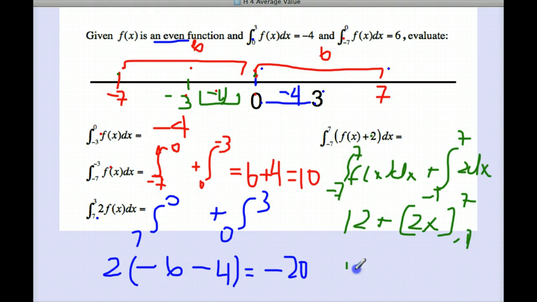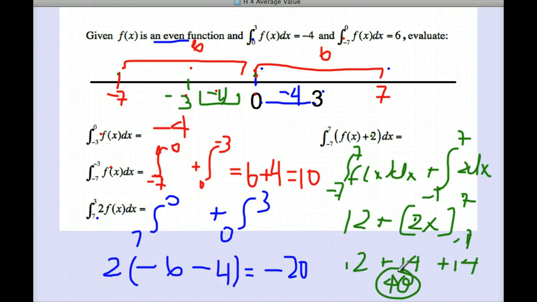And I get 12 plus 2 times 7 is 14, minus 2 times -7 is -14, which gives me a plus 14 over here. So 14 plus 14 is 28, plus that 12, gives me an answer of 40.